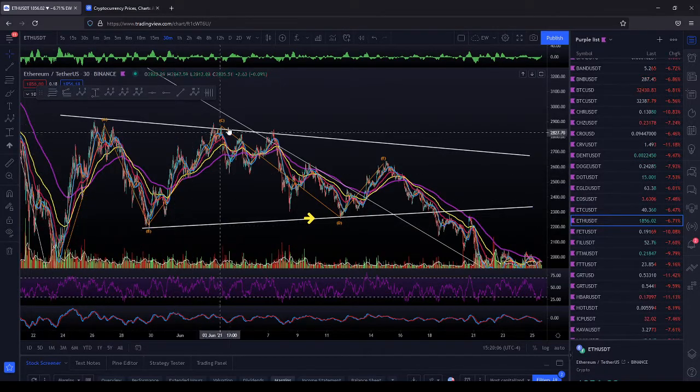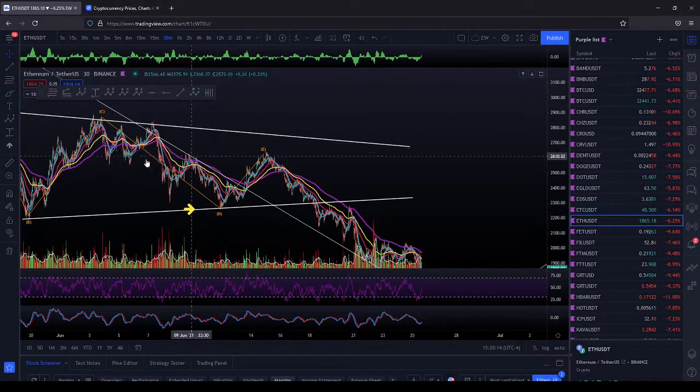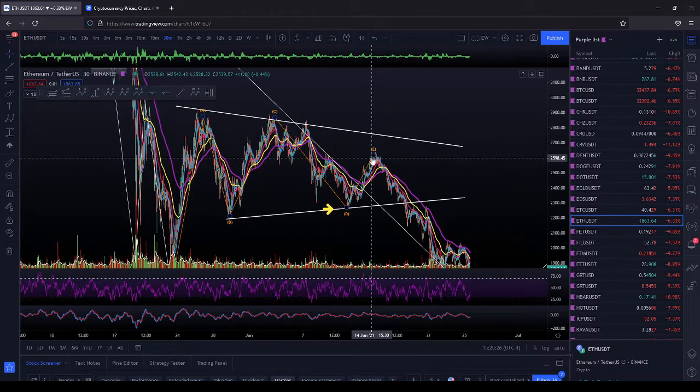This could be A, B, C actually. This looks like a 1, actually. 1 ABC, 2 ABC, 3 ABC as a 2, not a triangle. Okay.